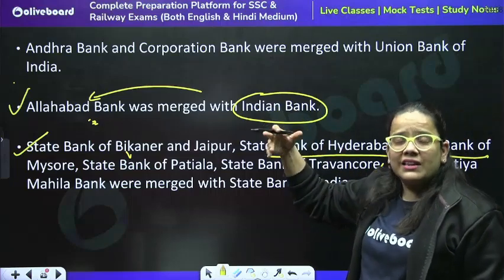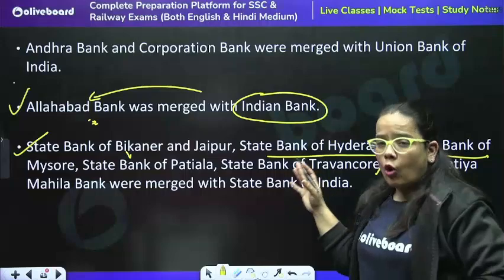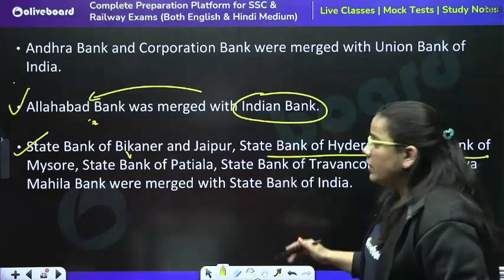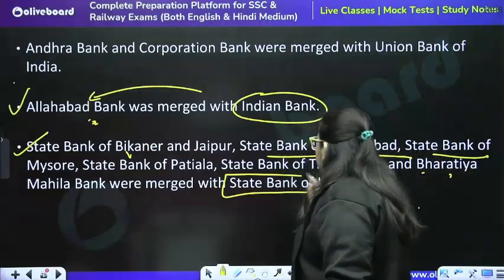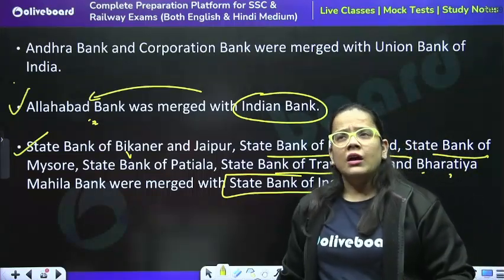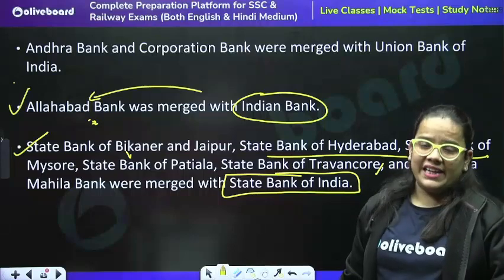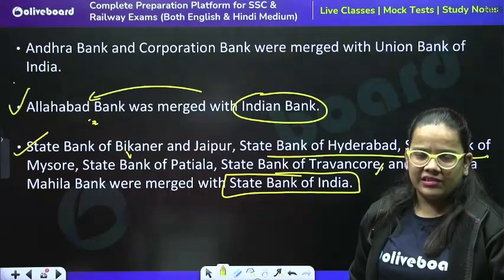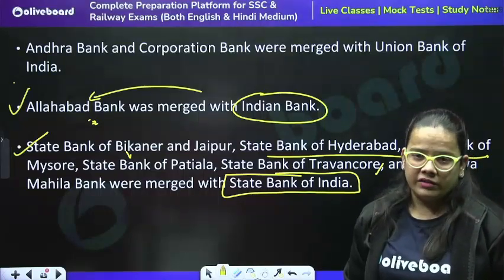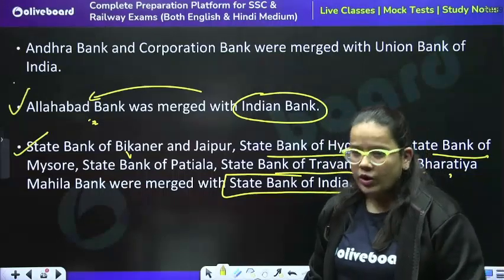Once they were the subsidiaries of State Bank of India, but now all these banks are merged with SBI, or just State Bank of India. Clear? So for this merger, just read the content, because I have not seen this kind of question in SSC in the last 2 to 3 years regarding the banking structure or the banking mergers.